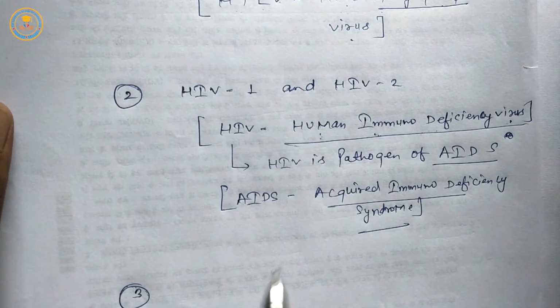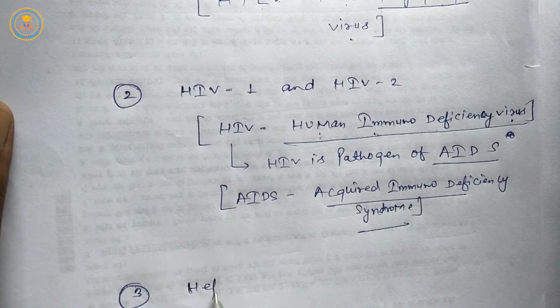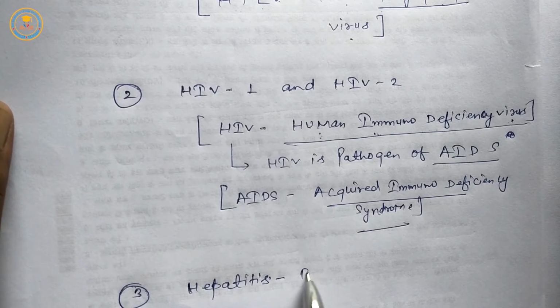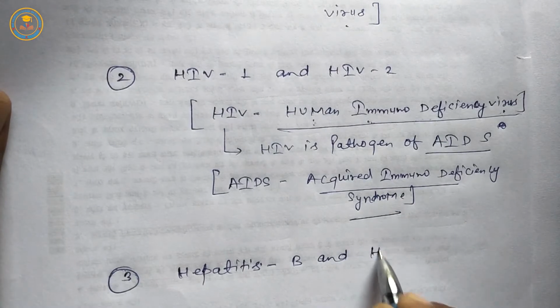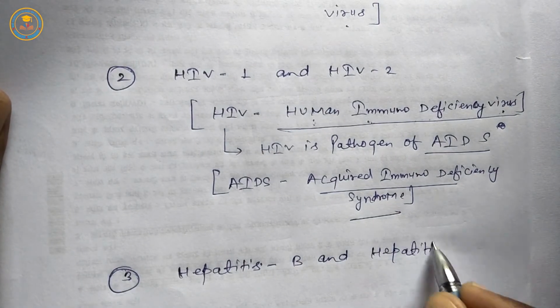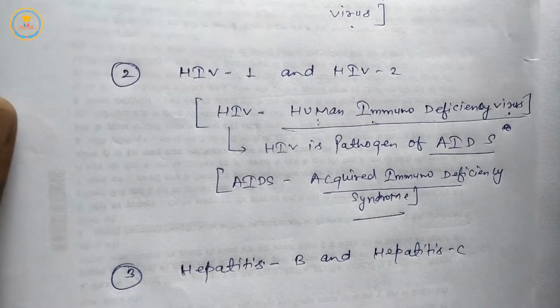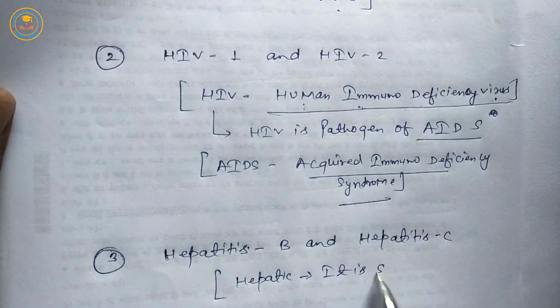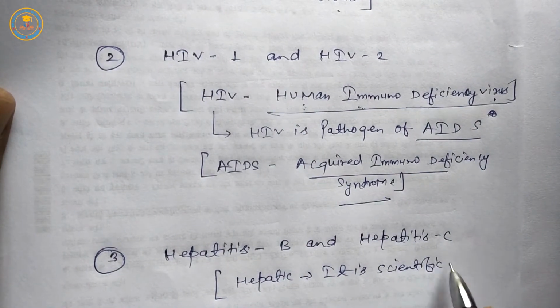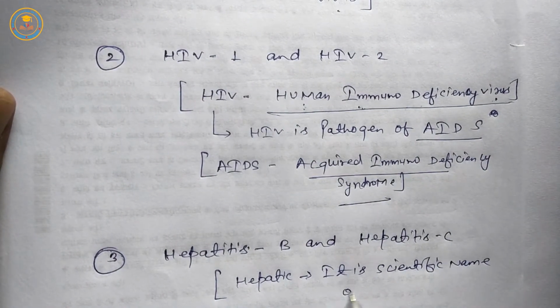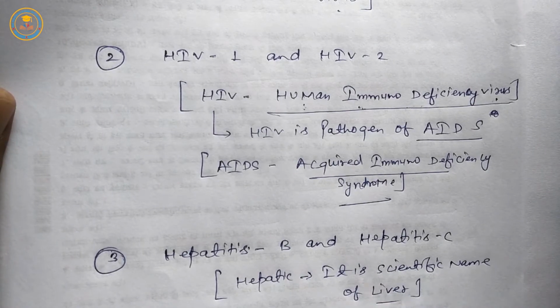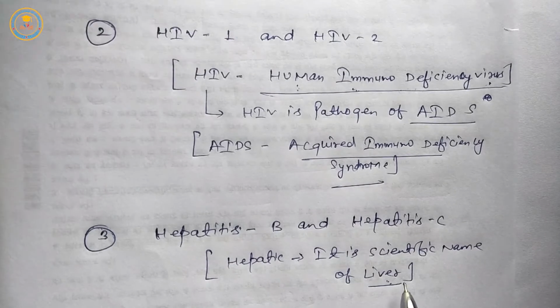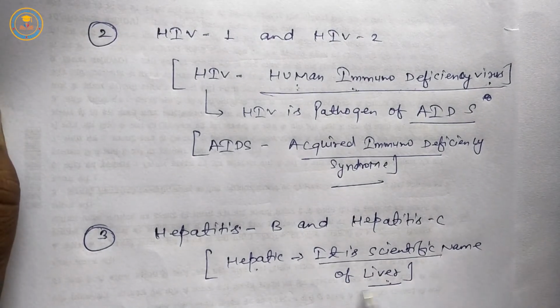Third is hepatitis B and hepatitis C. Students, remember, hepatic is a scientific name of liver. Liver is the largest gland. Once again, hepatic is a scientific name of liver.